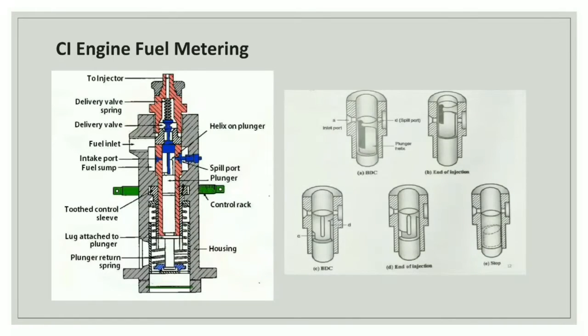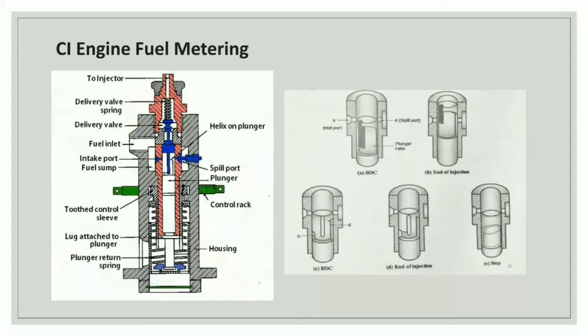There are two schematics. In the first figure, you can see the injector, delivery valve spring, delivery valve, fuel inlet, intake port, fuel sump, control stick, lug attached to plunger, plunger return spring, helix on plunger, spill port, plunger, control rack and housing.